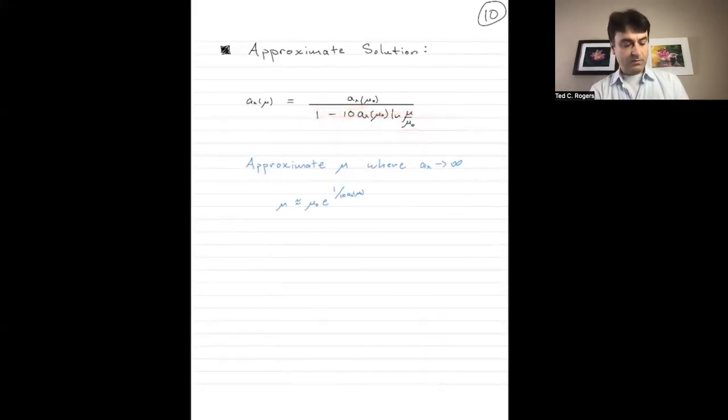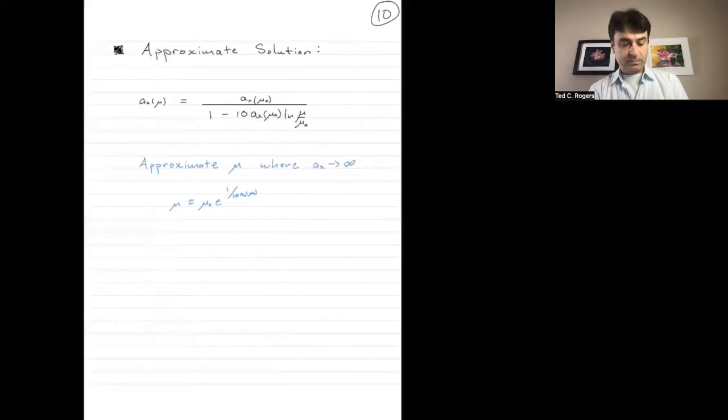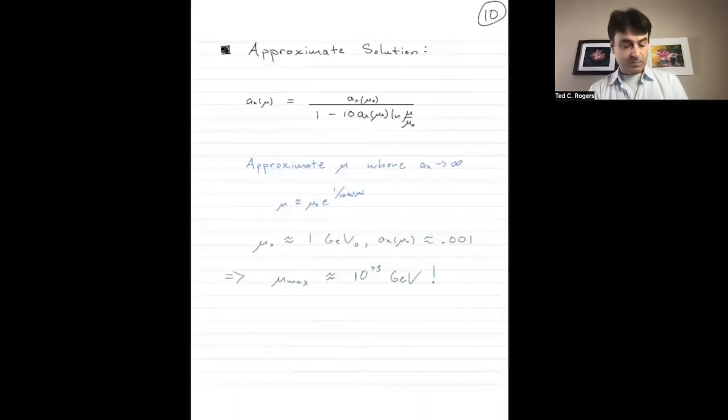If you do that, you find the coupling diverges when mu is around the input scale times e to the 1 over this stuff. Okay, so if we just plug in the numbers we had before, we expect a diverging scale at around 10 to the 43 GeV. So it's an astronomically large energy scale, and that tends to be typical for these weakly coupled theories.